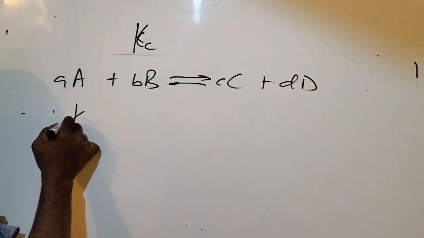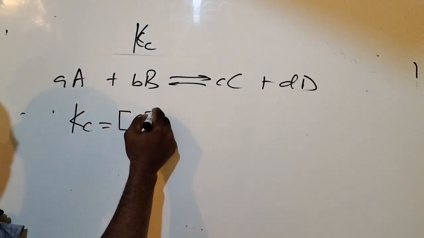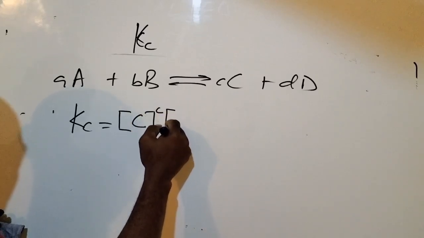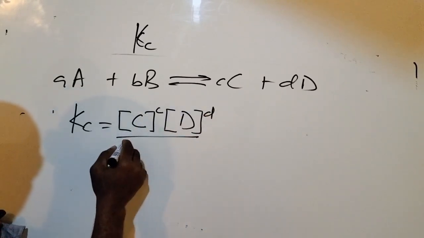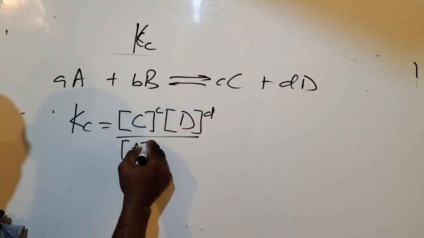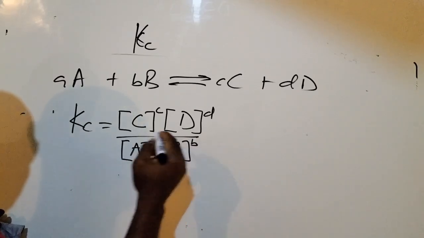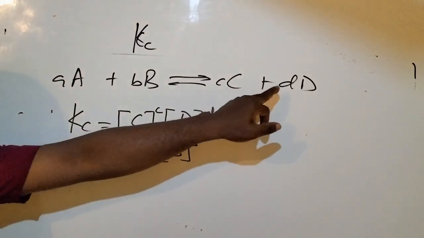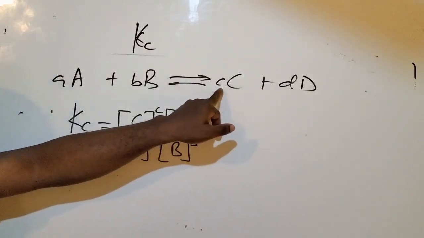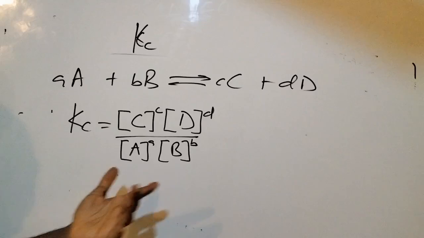So Kc is written as the concentration of the products, that is C raised to power c, multiplying D raised to power d, all over that of the reactants, A raised to power a, and then B raised to power small b. So that is the Kc expression. That is very simple: the products' concentrations raised to the power of the stoichiometric number of moles over that of the reactants raised to their number of moles.